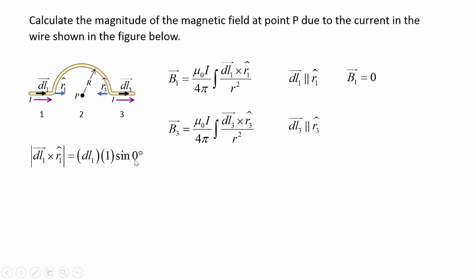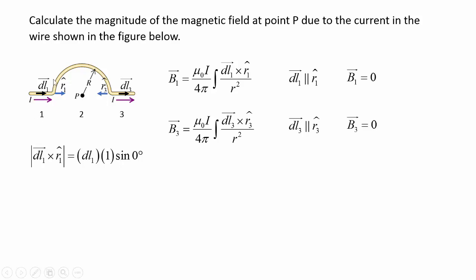But once again, they are parallel to each other but in opposite directions, which means that when calculating the cross product between the two vectors, you will have the same equation here. Instead of 0 degrees though, you will have 180 degrees. That still gives you a value of 0 for the cross product between the two vectors, which means that the magnetic field created by segment 3 is also 0.